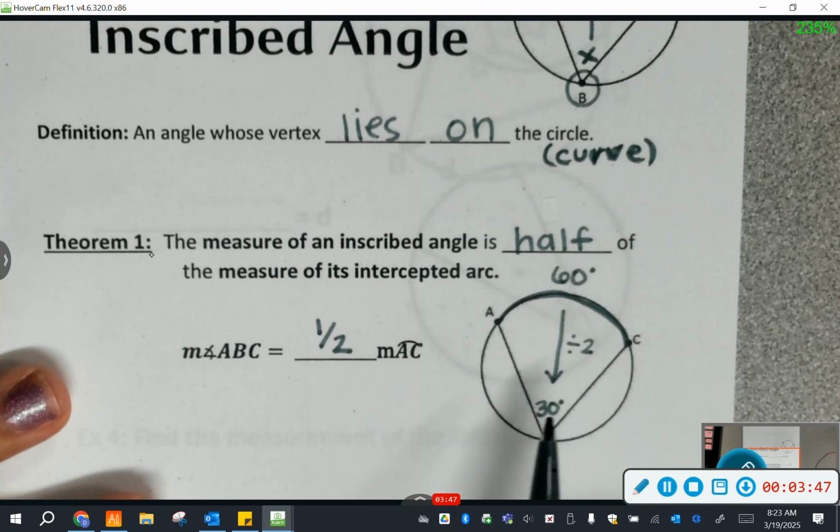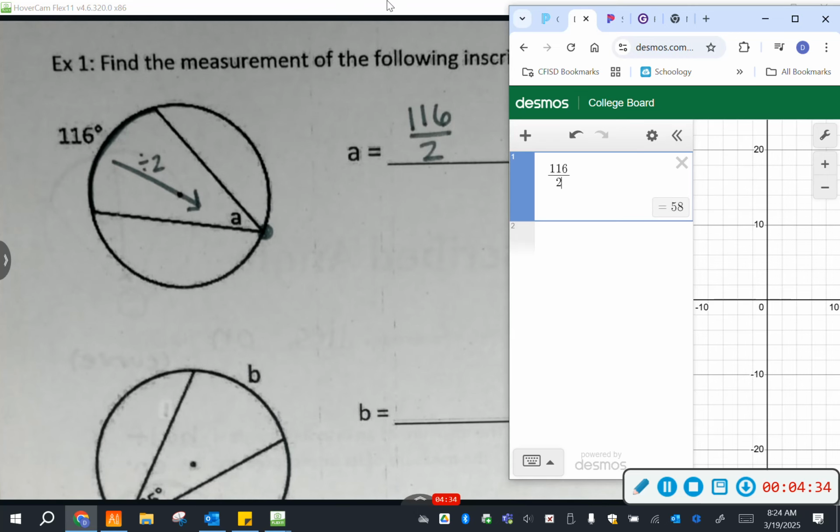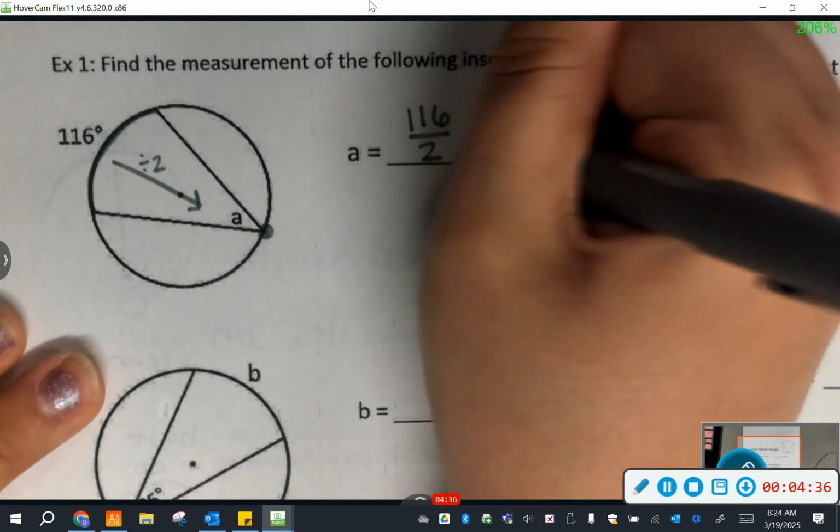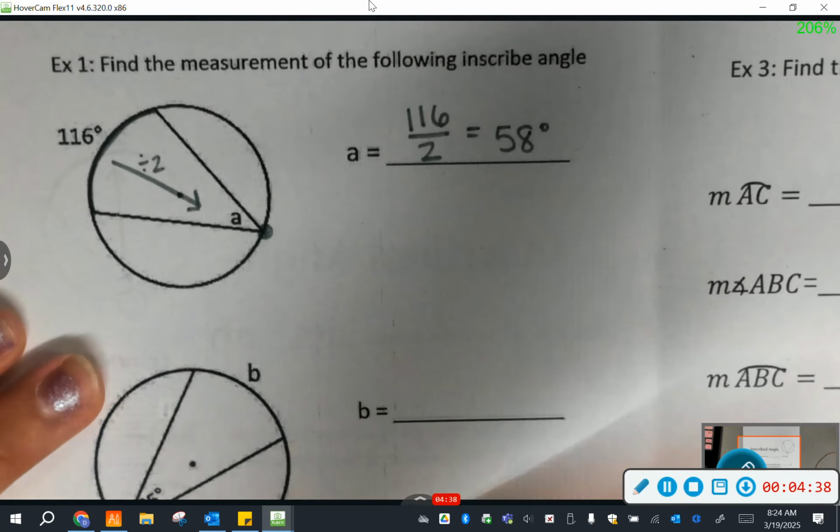It's on my circle, so it's inscribed. Divide it by 2. So what is 116 divided by 2? It is 58 degrees. So my answer is 58 degrees.